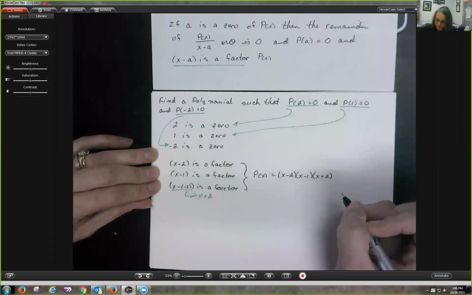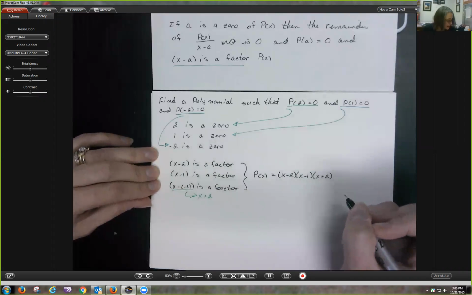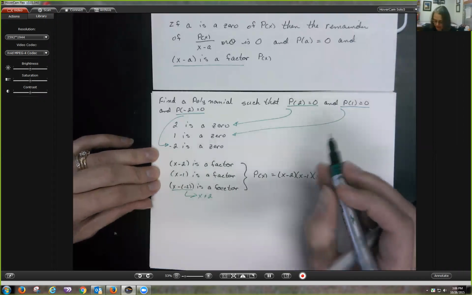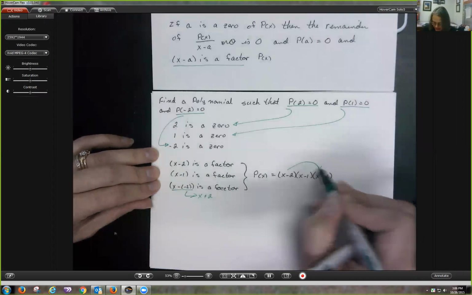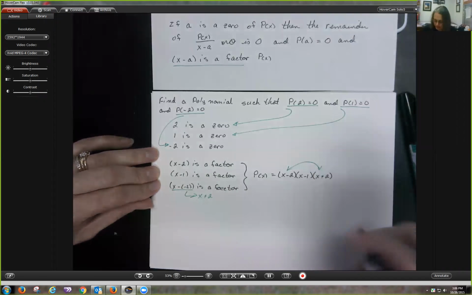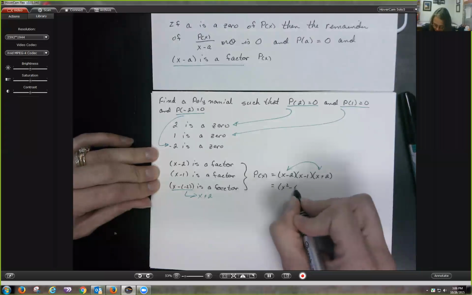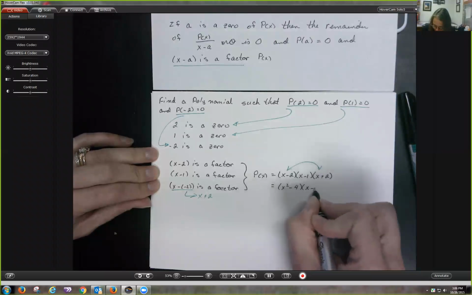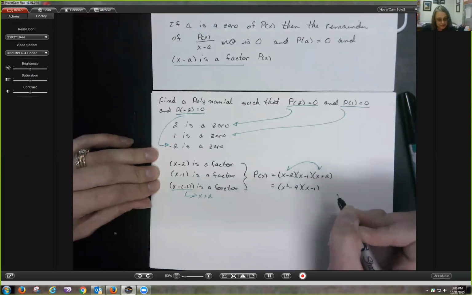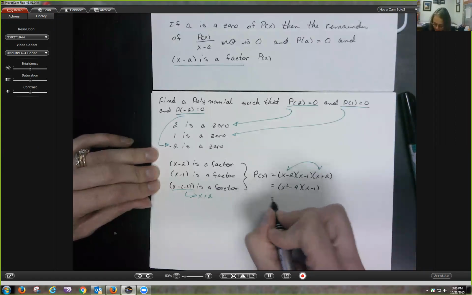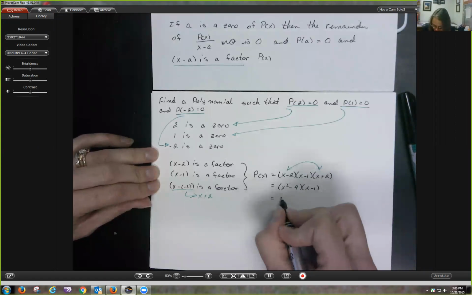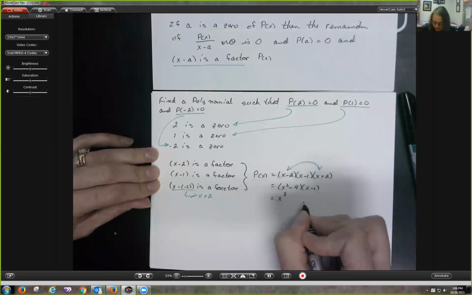Okay, now we can simplify this fairly simply, and I'm actually going to reorder my multiplication. I'm going to start by multiplying x minus 2 times x plus 2, because I know that that's x squared minus 4, and we'll keep the x minus 1. Now multiply through: x squared times x is x to the third power.